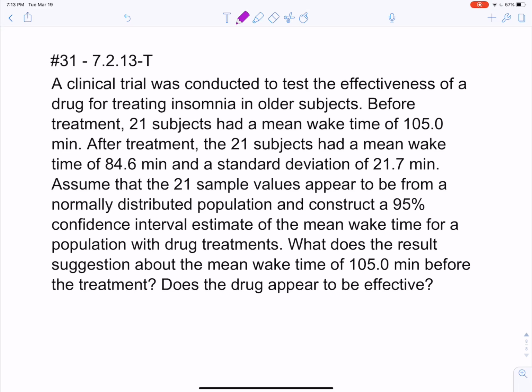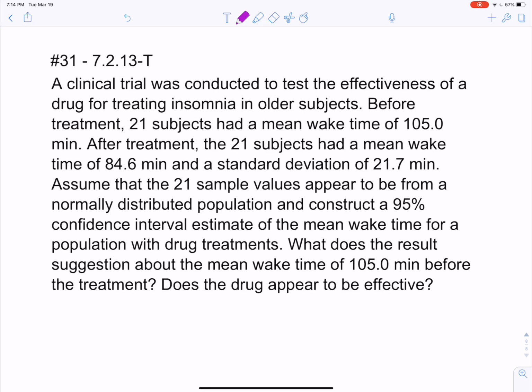Assume that the 21 sample values appear to be from a normally distributed population and construct a 95% confidence interval estimate of the mean wake-up time for a population with drug treatments. What does the result suggest about the mean wake-up time of 105 minutes before the treatment, and does the drug appear to be effective? So at first glance, this is a rather long question.